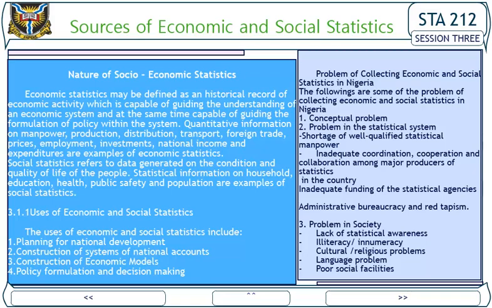Problems in the statistical system: shortage of well-qualified statistical manpower, inadequate coordination, cooperation, and collaboration among major producers of statistics in the country, inadequate funding of the statistical agencies, administrative bureaucracy and red tapism. 3. Problems in society: lack of statistical awareness, illiteracy, innumeracy, cultural and religious problems, language problems, poor social facilities.